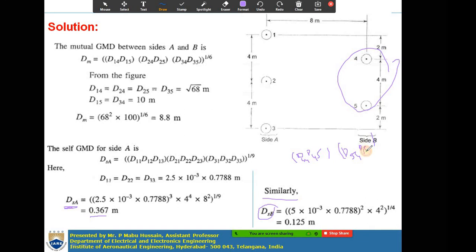Self distances are again the same r dash, and D45 and D54 is the distance given as 4 meters. If you substitute all this, you will get the DSB as 0.125 meters. So, after getting DM, DSA, DSB, you can determine the inductance.